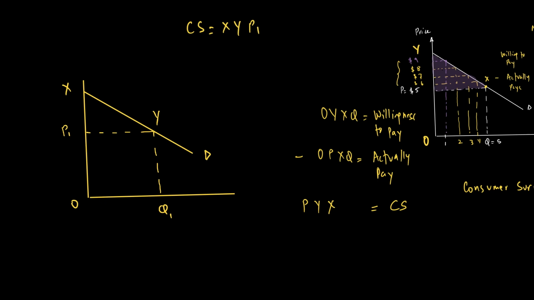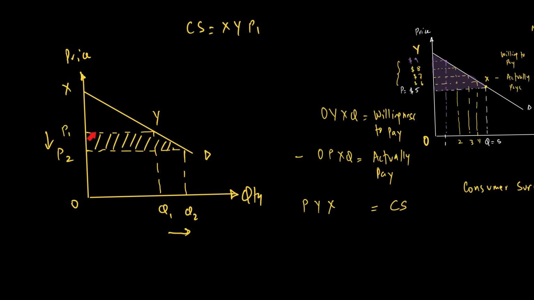Okay. Now what if the price goes down to P2? So let's say due to some reason in demand supply, price goes down to P2 and the quantity goes up. If the price goes down to P2 and the quantity goes up, that means there is a rise in consumer surplus. Why? Because now look at what is happening, guys. The consumer surplus was X, Y, P1.